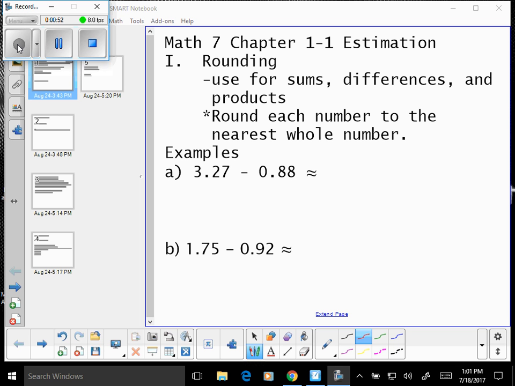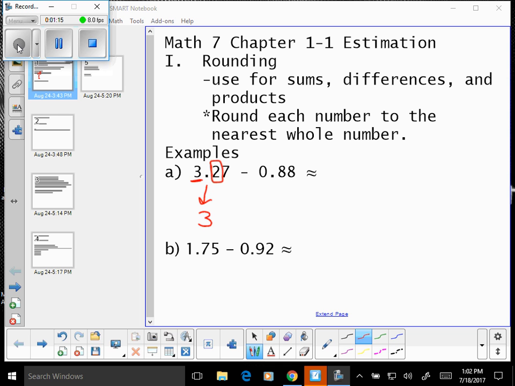We look at example A. Remember that the whole number means the ones place, which is the 3. That means we look at the place to the right, which is the tenths place, and that's a 2. Since it is less than 5, I'm going to stay at a 3.